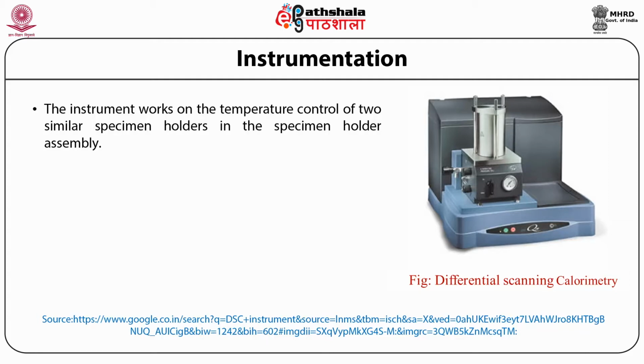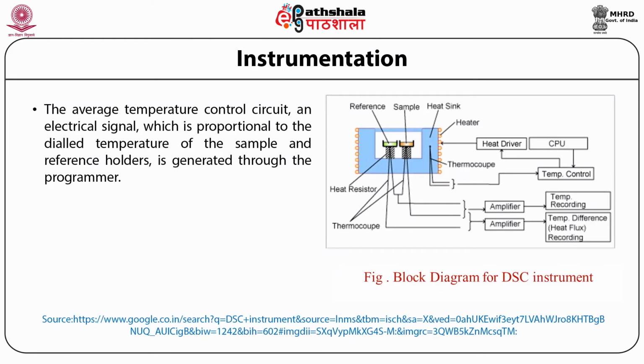In its left half, there is a circuit for differential temperature control, while in its right half, there is a circuit for average temperature control. In the average temperature control circuit, an electrical signal, which is proportional to the dialed temperature of the sample and reference holders, is generated through the programmer.